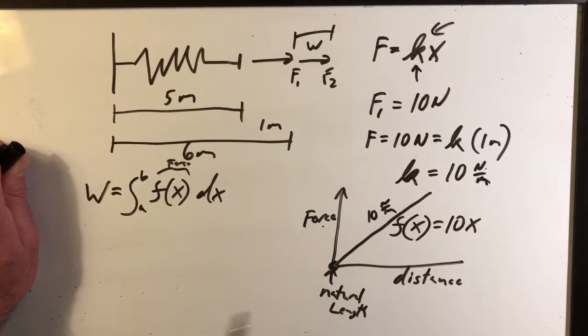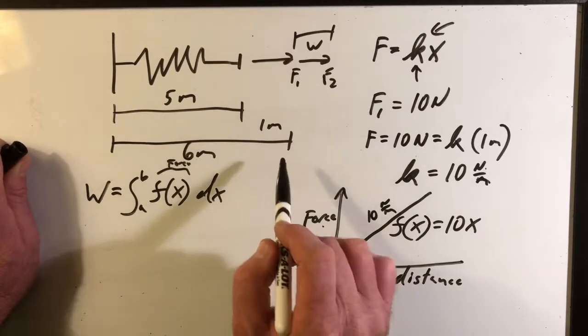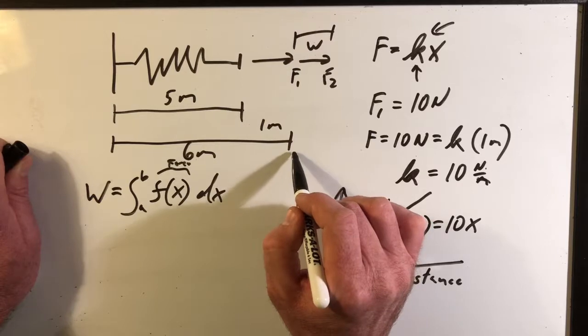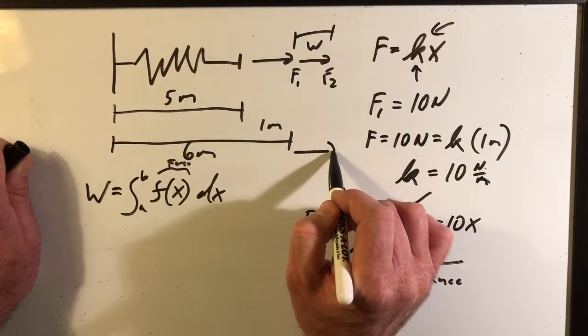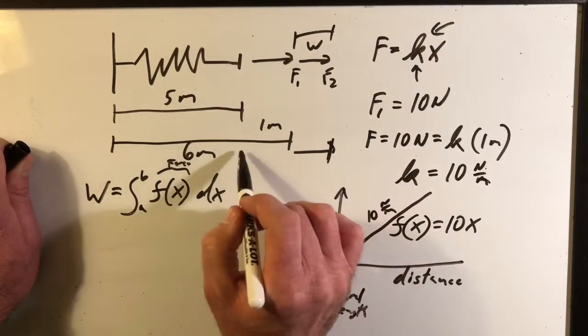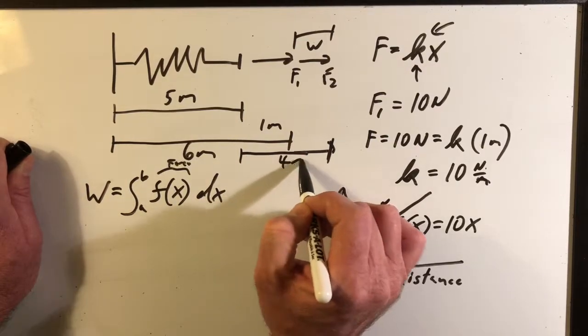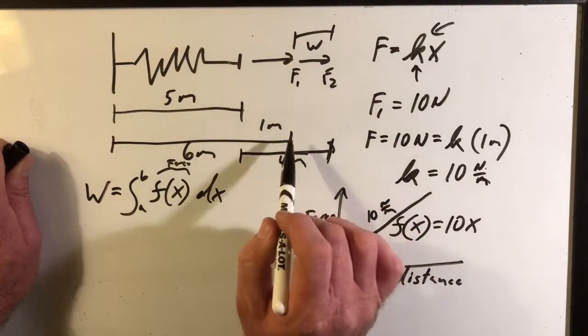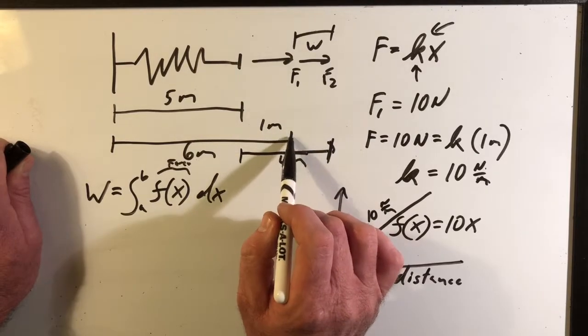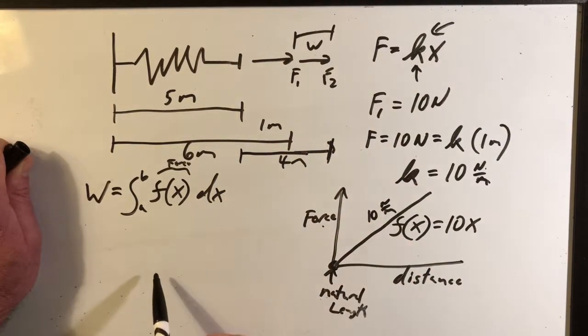Okay, so let's just say the second value is, we pulled it a total of 4 meters. And we want to know the work to go from 1 meter to 4 meters.